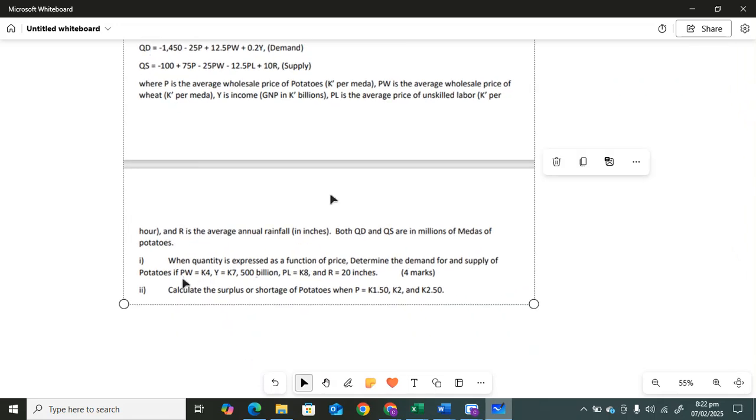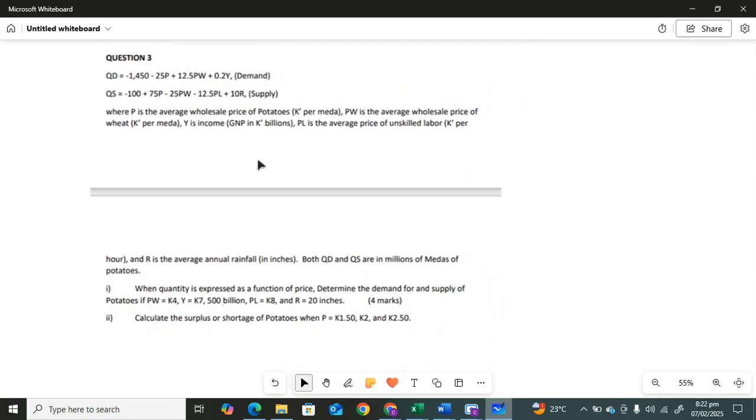The price of wheat is 4 kwacha. So in the demand function and in the supply function, where there's PW, we substitute 4 kwacha. Y is 7,500, so in the demand function, substitute Y with 7,500. PL is 8, so in the supply function, substitute PL with 8. R is 20 inches, so in the supply function where there's R, substitute it with 20.